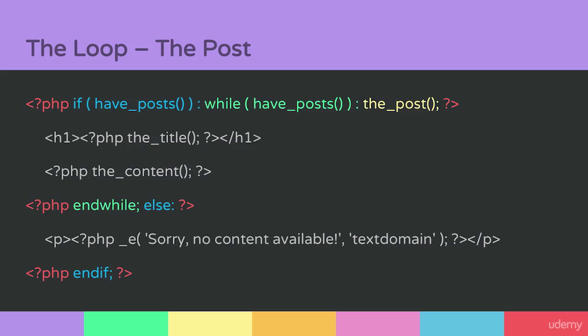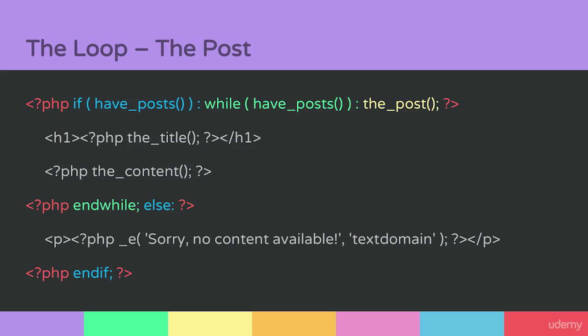It's very important to mention here that when we see the post in WordPress, this is often a generic term to refer to posts, pages, custom posts, any sort of post type, really. And it's important to remember that this whole loop, even though it says have posts, the post, will work for pages, and will work for custom content. So again, the post here is a generic term for content in general.